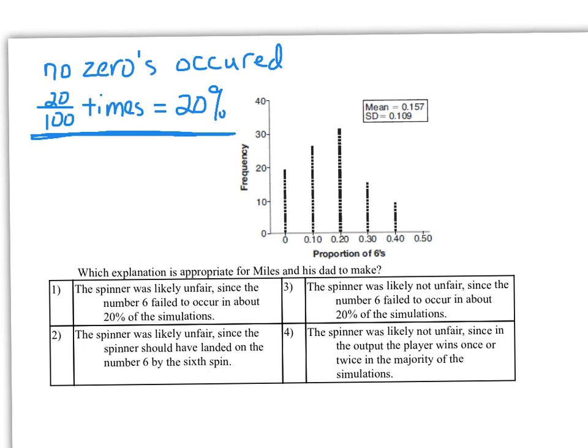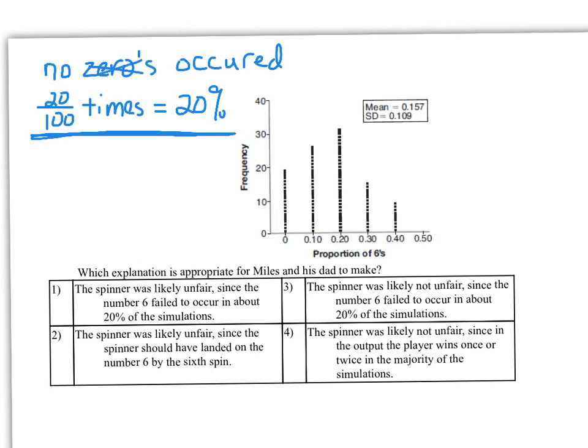So if you look at this graph that they gave you here, you can see that no zeros, I'm looking right here, this would represent, I'm sorry, no sixes, I should say. No sixes occurred. This is 0 sixes, 20 times out of 100. So let me just go back and change this word because I made a mistake.